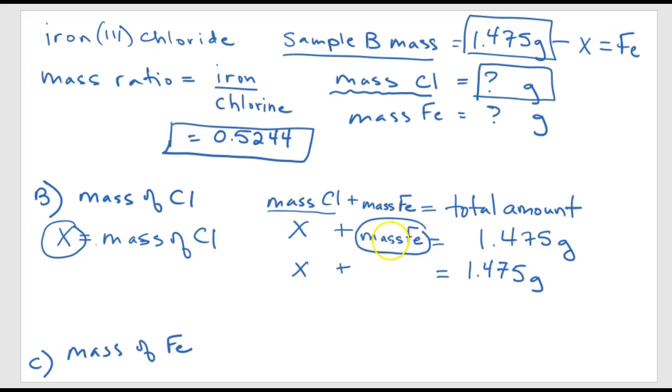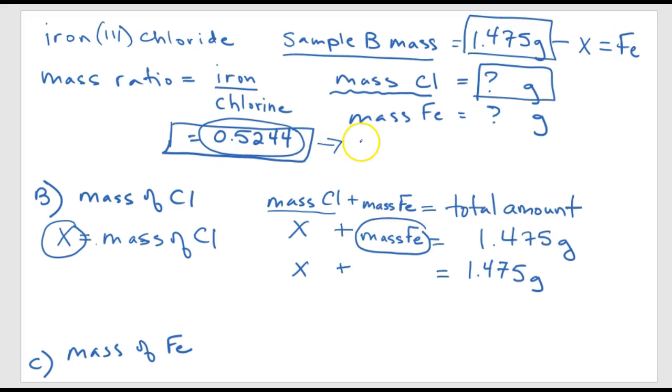translate this into math? Well, this is where my mass ratio comes in. My mass ratio of iron to chlorine is 0.5244, which means that iron's mass is going to be 52.44% of chlorine's mass.